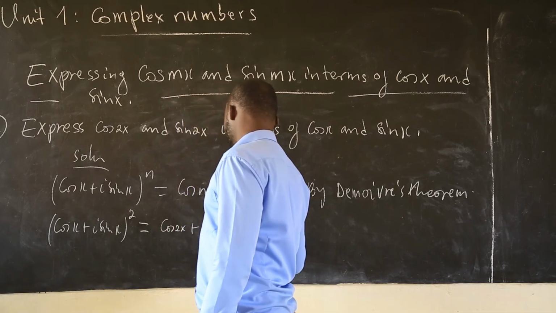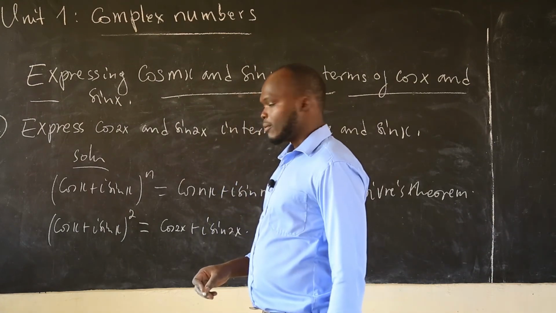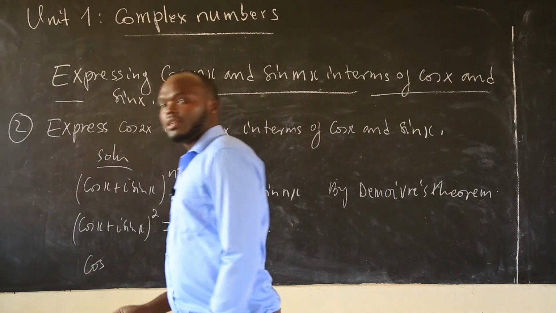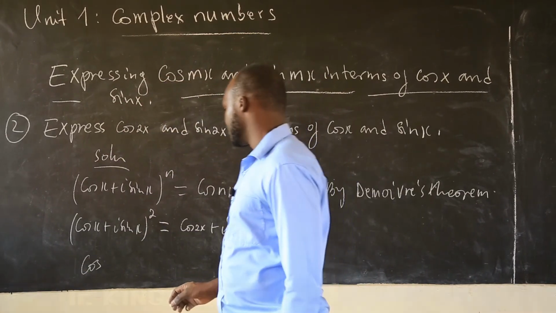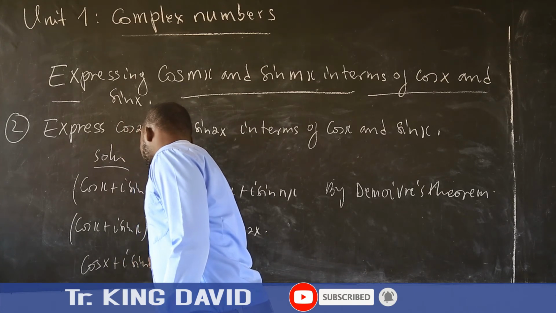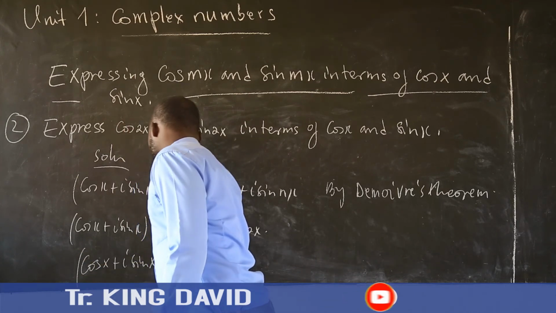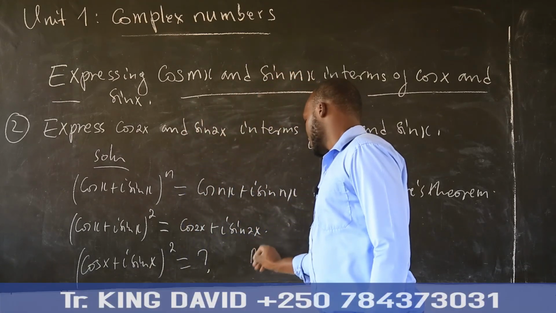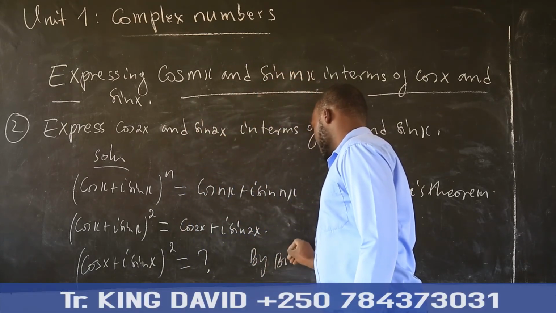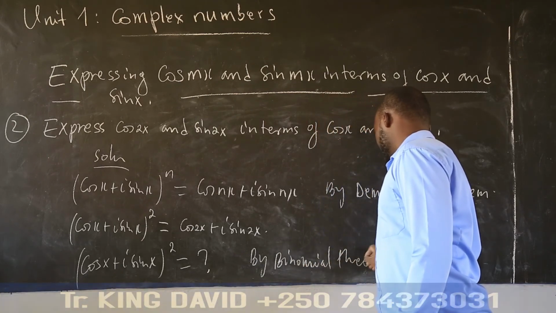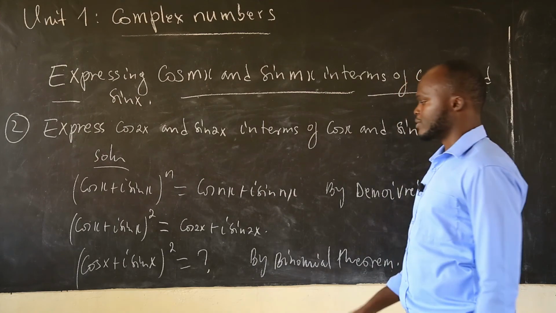Then, what about by binomial theorem, where we have (cos x plus i sin x) power 2? How do we get that when we use the binomial theorem?